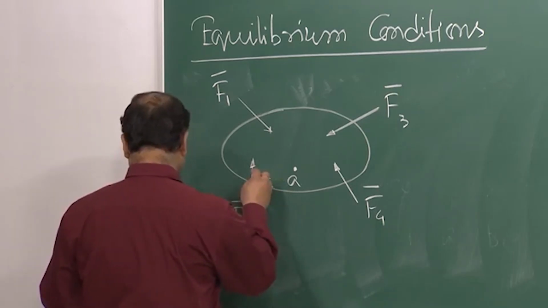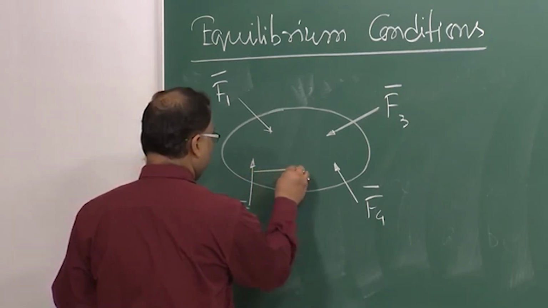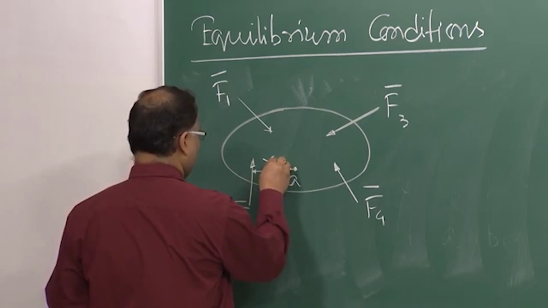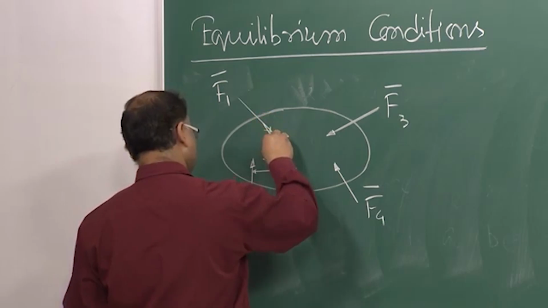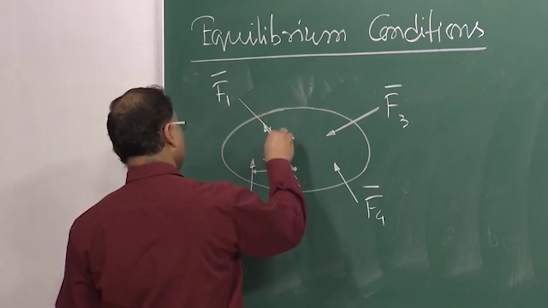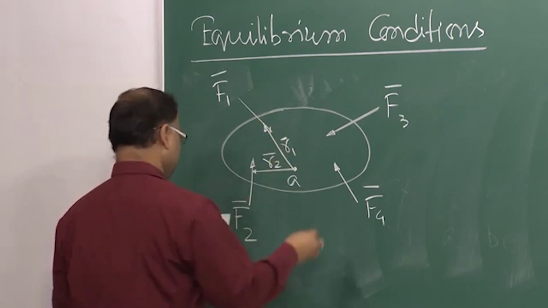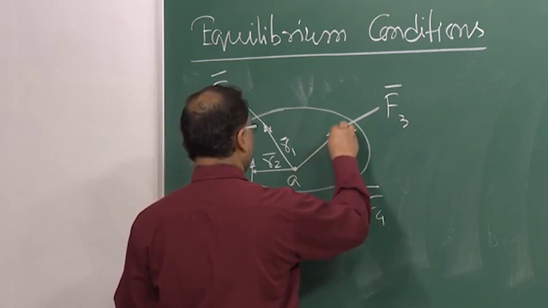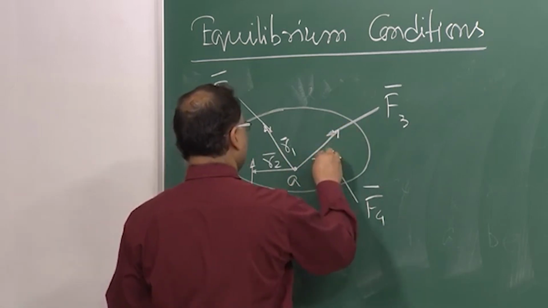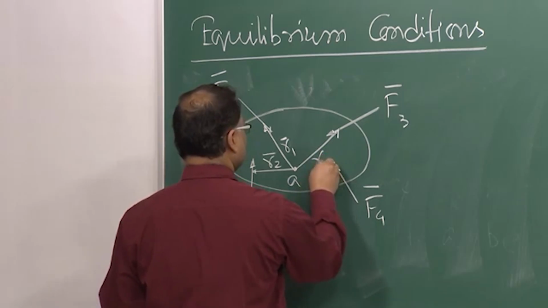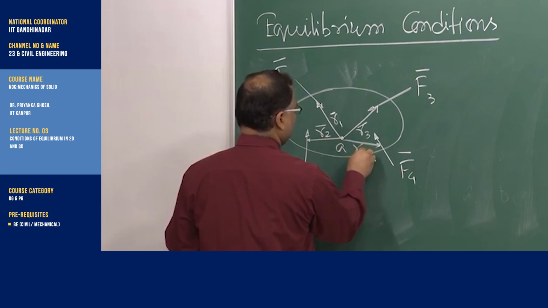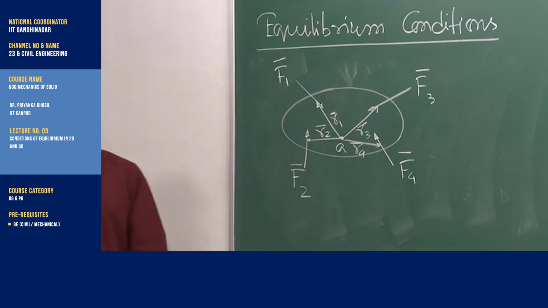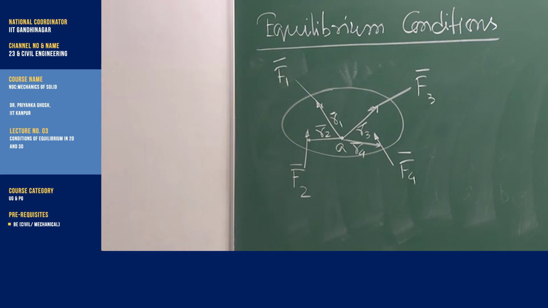So, these are all your displacement vectors, R1, R2, R3 and R4. These are all your displacement vectors, okay, R1, R2, R3 and R4.